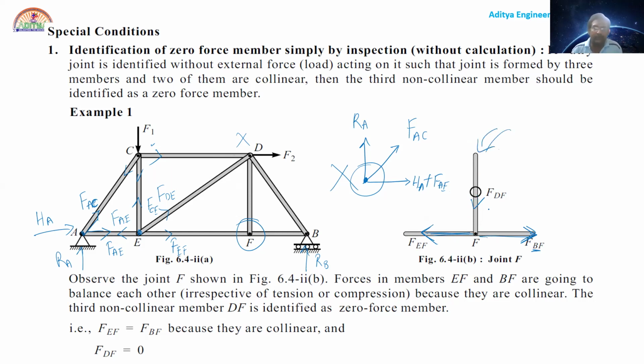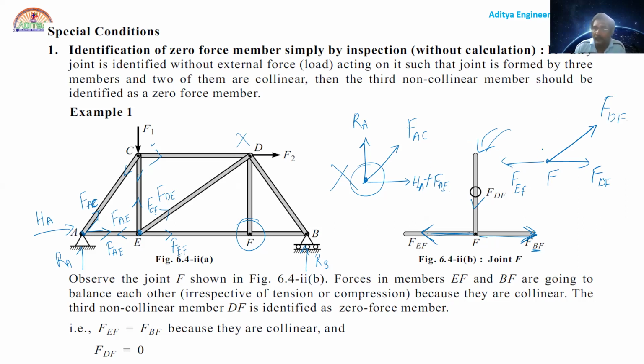Of course, whether it is perpendicular or in some other direction, right? Suppose I am having another direction. It is F, BF, and this is F, EF. Suppose in some other direction, like this, it will be there. Suppose it is F, DF. It doesn't mean that it should be perpendicular.